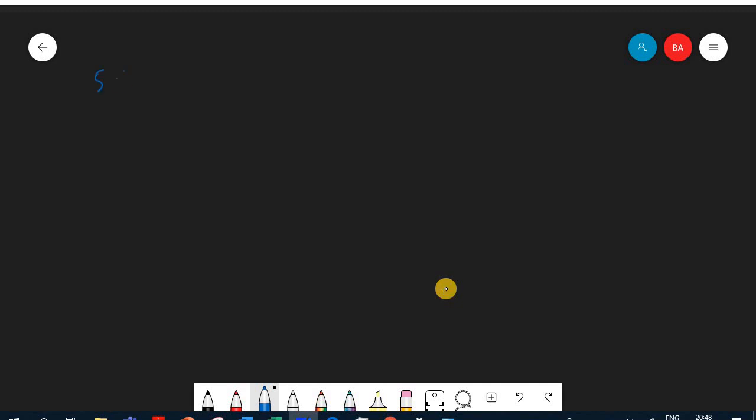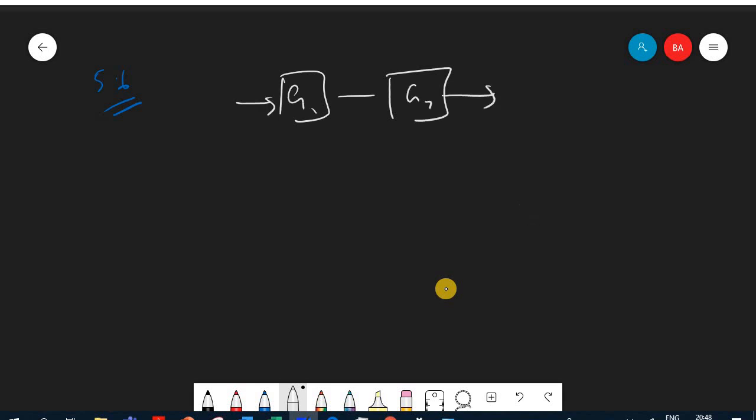So for 5.6, what do we have? We have the transfer function of the first. Let me put the transfer functions, which, as we said, look like two transfer functions in series, G1 and G2.